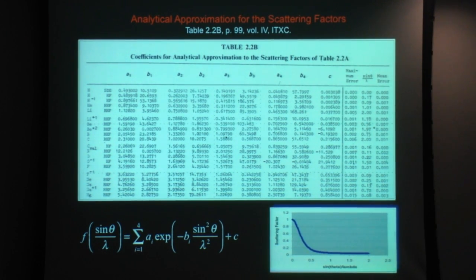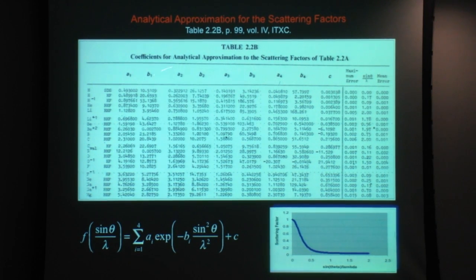a 4-term function like this, a sum of 4 terms in which we've got a coefficient A, a coefficient B, and a constant C. So you can fit the variation, all those scattering angle curves that were on the composite diagram where they, in some places, smush together. A function of this form fits it very well.